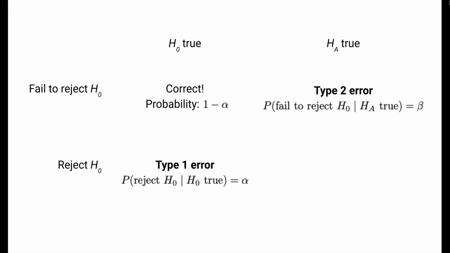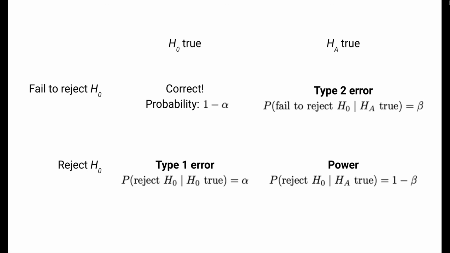When the alternative hypothesis is true, but we fail to reject the null, this is called a type 2 error. In this type of error, there really is an effect or a relationship in the broader population, but we fail to detect it. The probability of a type 2 error is usually denoted beta, not to be confused with our regression coefficients, though.